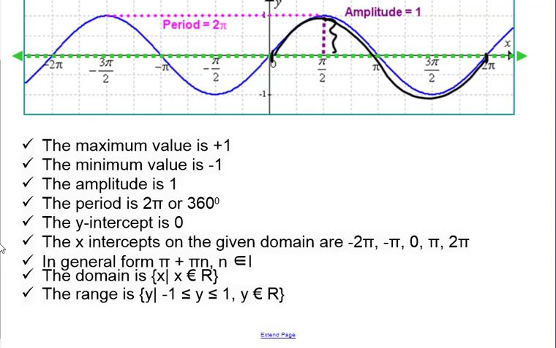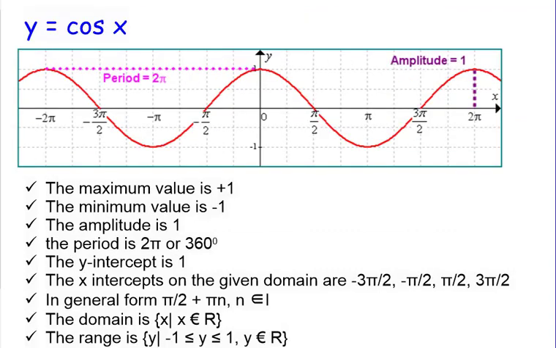So it would also happen at 3 pi, negative 3 pi, 4 pi, negative 4 pi, etc. In general form, we've got pi n, where n is an element of the integers, and that's the general form for x-intercepts. The domain is x is an element of all real numbers. If we don't restrict it, this graph would go on forever. And then our range, the y's, our maximum being 1, our minimum being negative 1, and in between there, they can be anything.